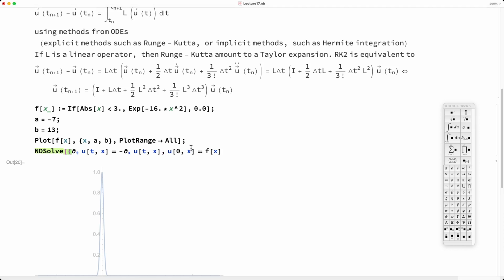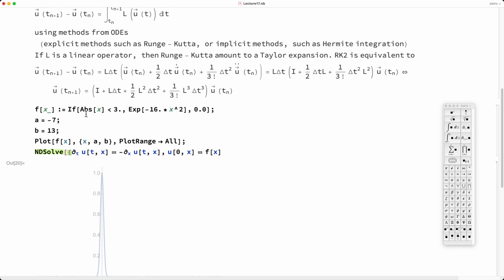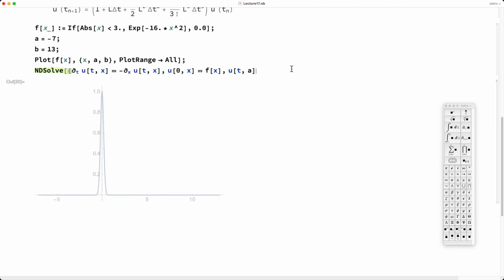So the initial condition is u of t equals 0, comma x, is simply f of x. That's our initial data, this Gaussian. And then for boundary conditions, we're going to use u of t, a.